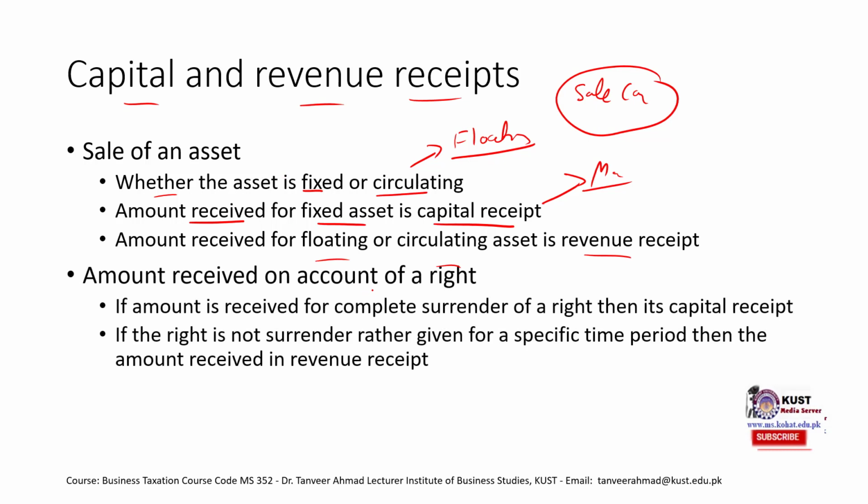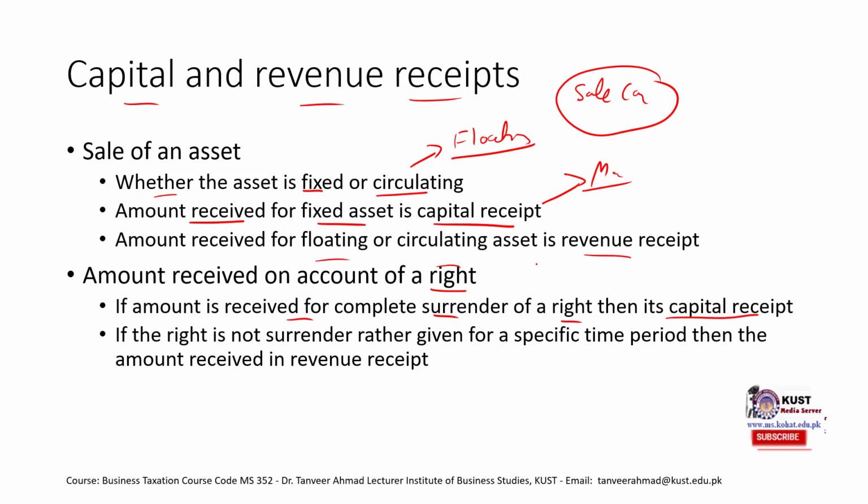Amount received on account of a right. We saw that the author of a book can sell his right. The author of a song or the director of a movie can do the same. If the amount is received for complete surrender of the right, then it is a capital receipt.